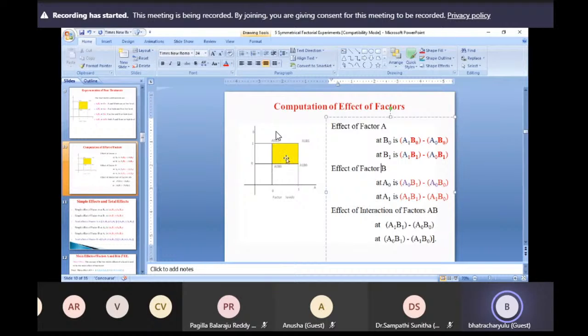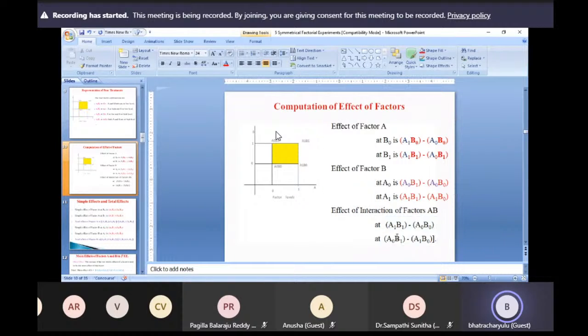The AB effect is where both are at low level and both are at high level, so these two corners you consider, and similarly these two corners. So A1 B1 minus A0 B0 and A0 B1 minus A1 B0, if you calculate that, will be the interaction effects. And the sum of these two is nothing but the total interaction effect.